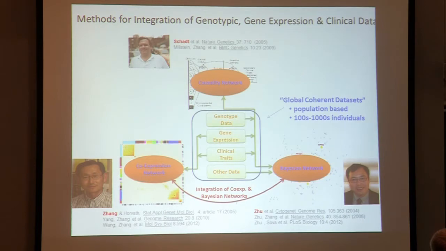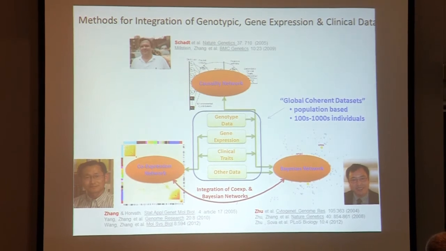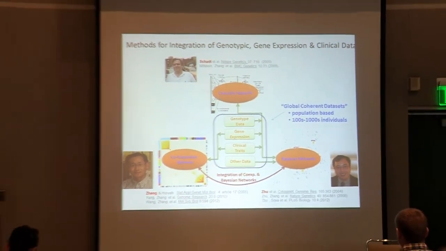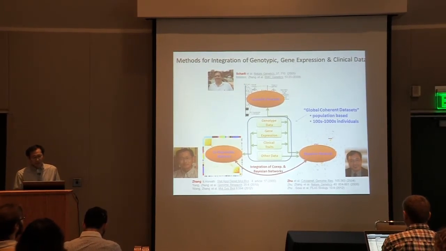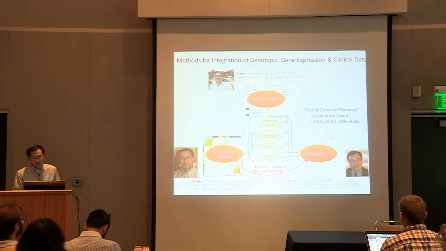But the Bayesian network is more powerful, and it can potentially integrate all types of information under the same framework. But still, the Bayesian network is constrained by computational intensity, so it does not, for example, allow feedback loops in the network construction, and often the network is also quite complex and not easy to digest. So there must be means to further understand those networks based on certain integration methods.